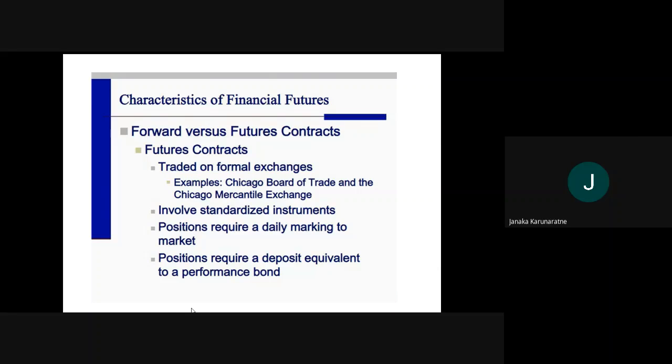Like when you open a stock exchange account, you have a stock account. Likewise, there will be an account in favor of the registered party who is trading in the futures contract, maybe a bank. If you look at the stock market, the price of the stocks moves up and down daily, and depending on that, your value also goes up and down.